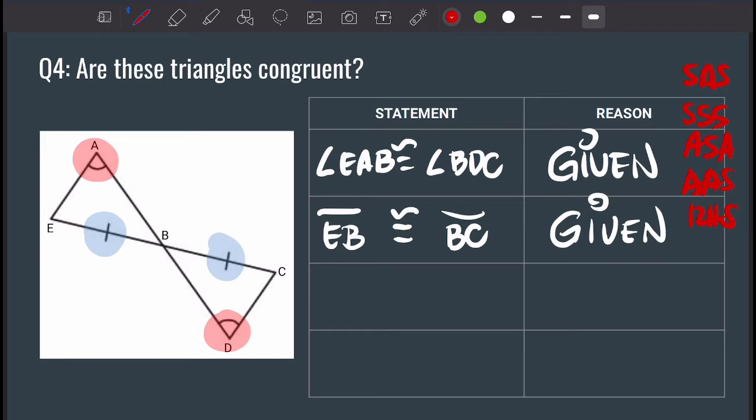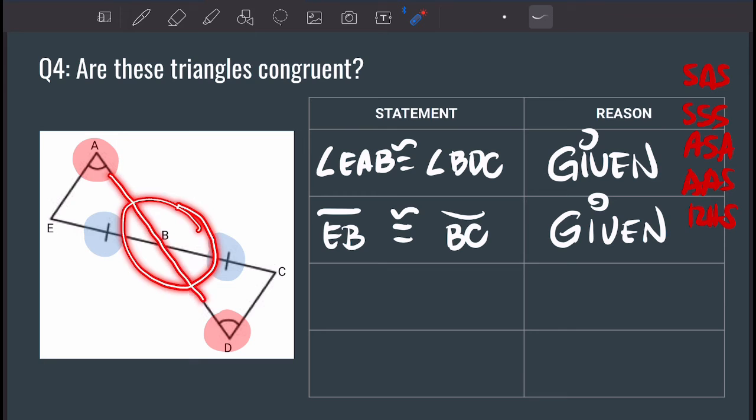We're missing something. We cannot use this line because there's nothing saying that these two are congruent. We cannot use this side because there's no stroke saying it's congruent. So what is left? This one. And look at this one. Do you remember the X from transversals?